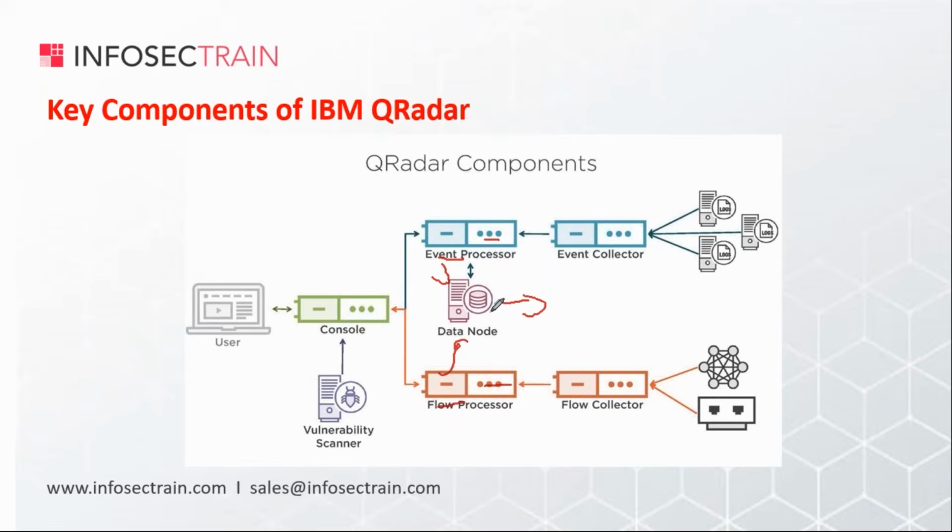So just to increase the search speed, if we have a separate storage facility like a data node, it can be quite helpful to us. These are the one, two, three, four, and five components of IBM QRadar. These are all key components because this is the inner working of QRadar, how QRadar works in the very basic way.